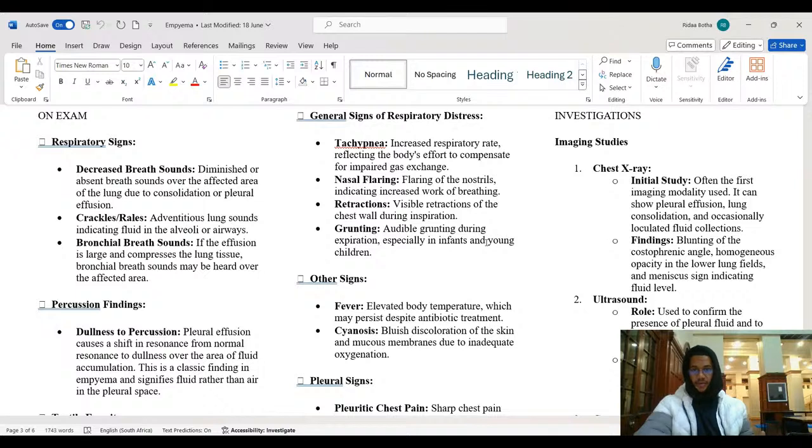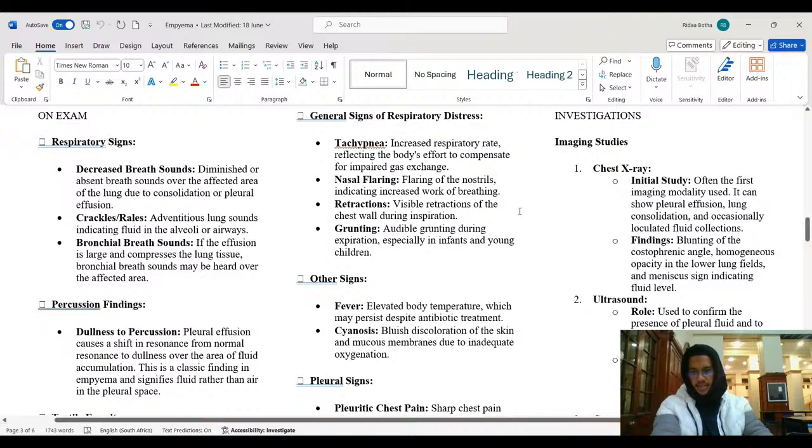So there could be a blunting of the costophrenic angle, homogeneous opacity in the lower lung fields, so lower lobes, and then the meniscus sign indicating the fluid level. So you have a meniscus sign as well.